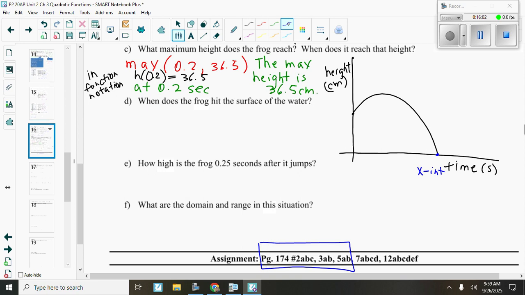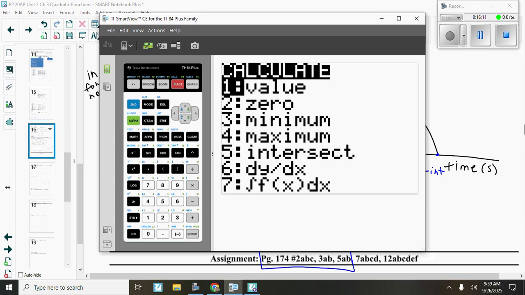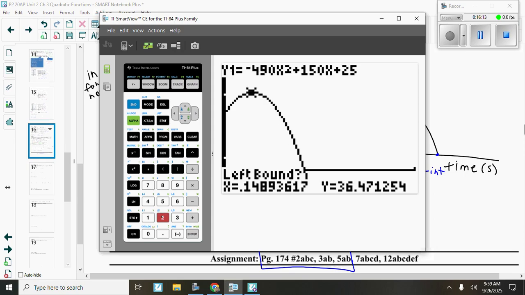So we go back to our calculators, and we're looking to figure out the zero. So we go second trace, and we say number 2, we ask for the zero. And again, we nudge over, let it know, whoops, I went a bit too far.